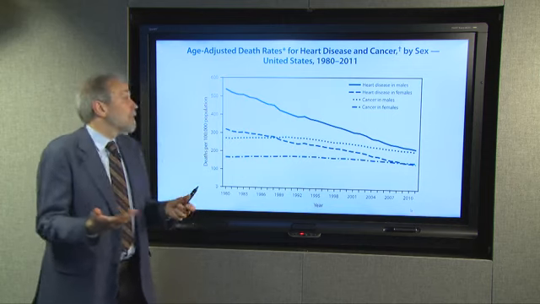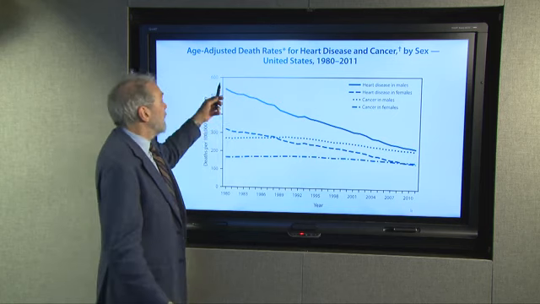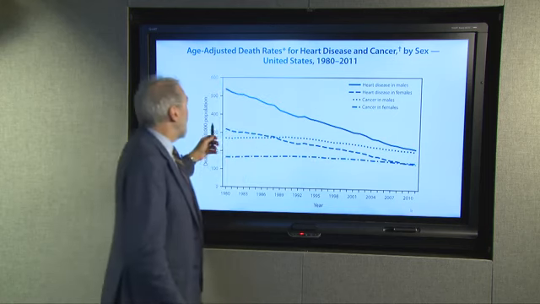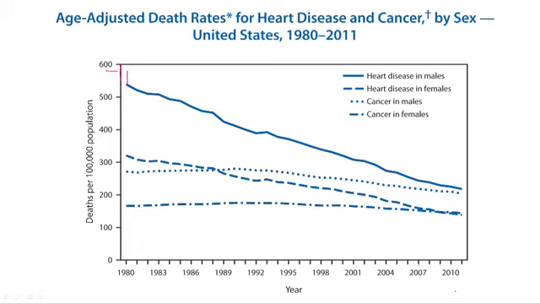And let's look at it. The hazard rate for heart disease in men and in women has been going down over time. It's gone down by a noticeable amount between 1980 and 2010, but that's a 30-year time interval.